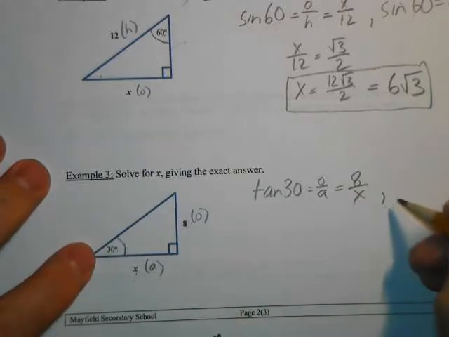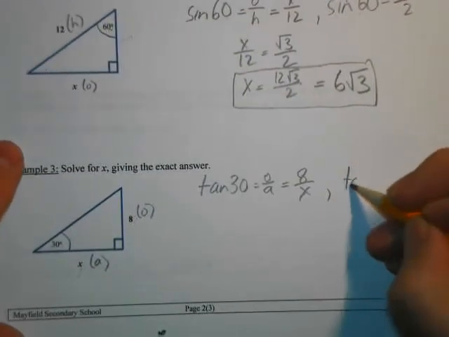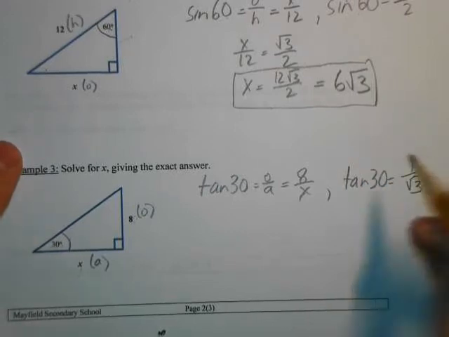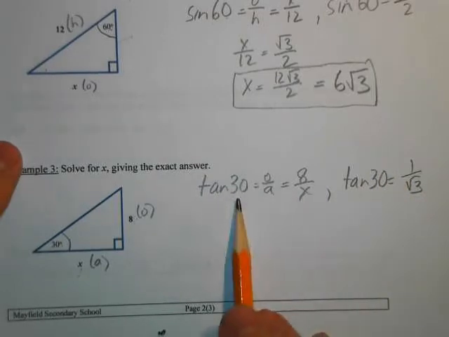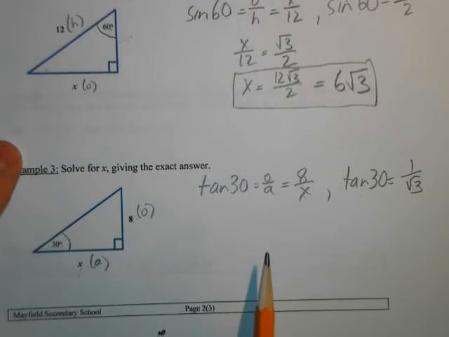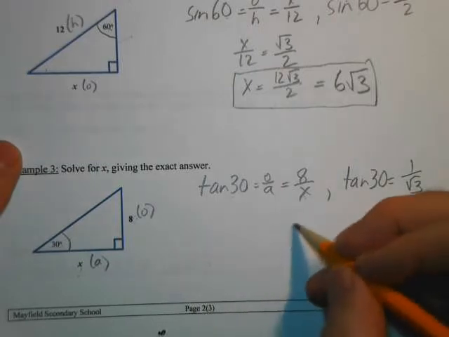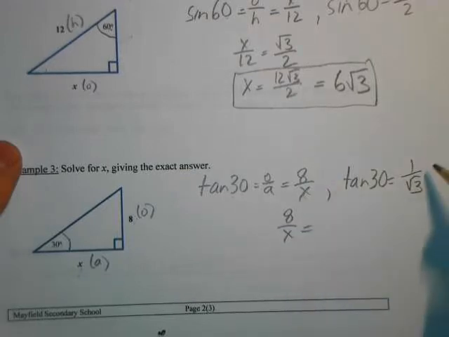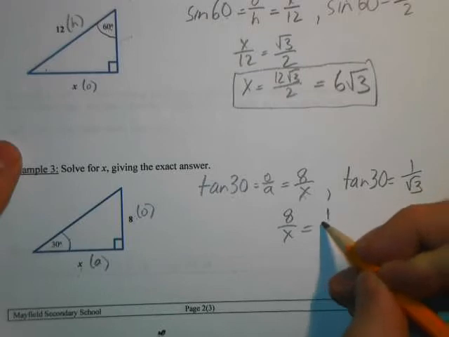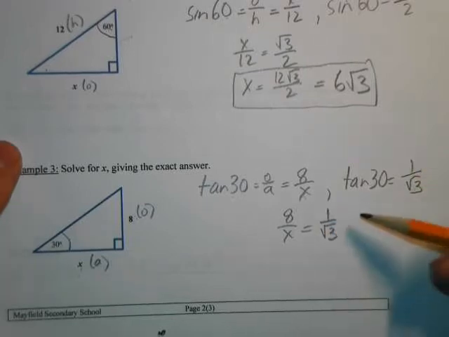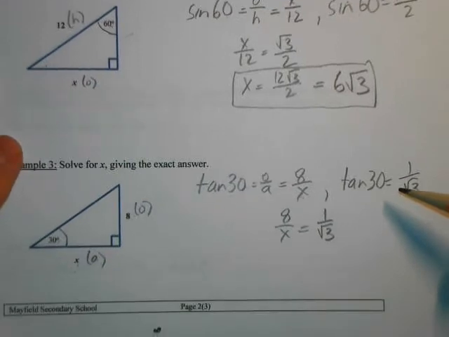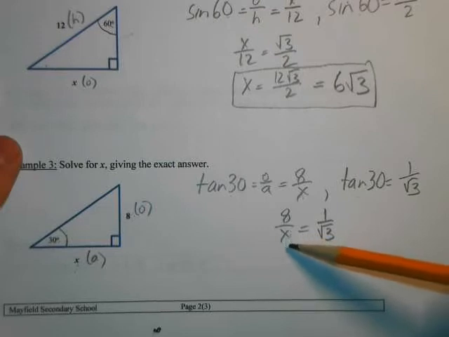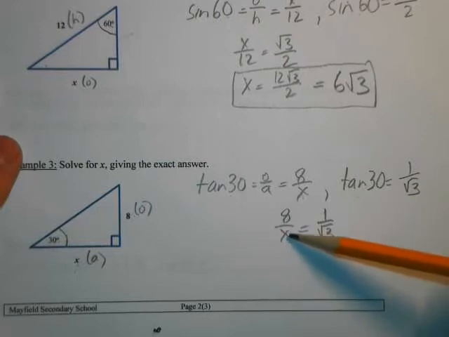But on the previous page we also learned that tan 30 is equal to 1 over root 3. So we've got two things that are both equal to tan 30, 8 over x and 1 over root 3, so I can make my equation from that: 8 over x equals 1 over root 3. Now I'm going to apply that trick that I talked about previously, but didn't actually use. I really want to get x. When x is on the bottom, it's a bit of a problem because I can't just multiply both sides by 8.